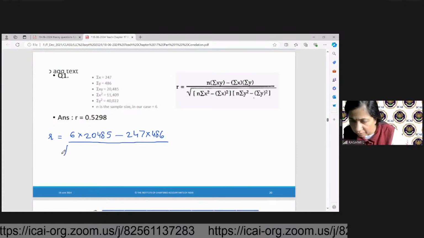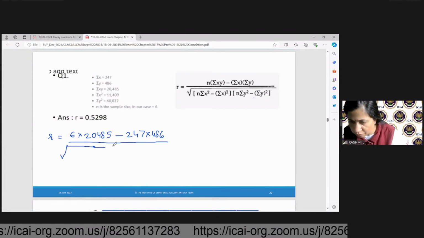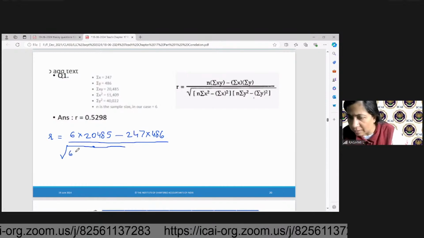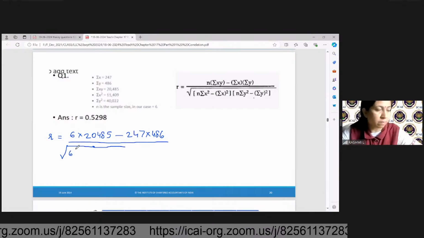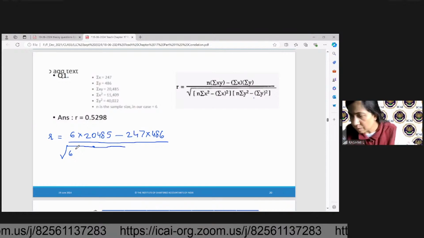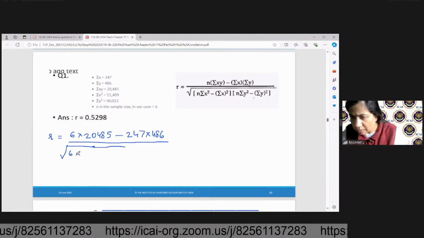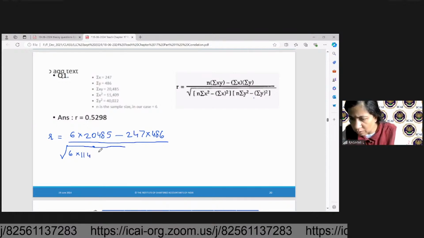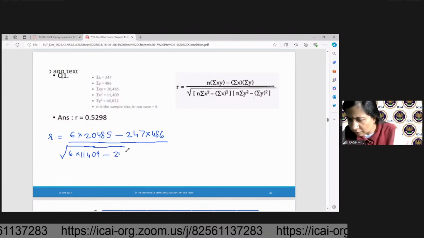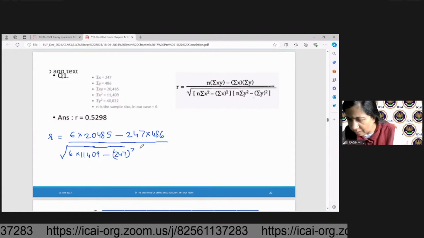Okay, divided by. So first we'll solve the denominator. 6 into summation x squared, 6 into 11409, minus summation x, 247, whole square.